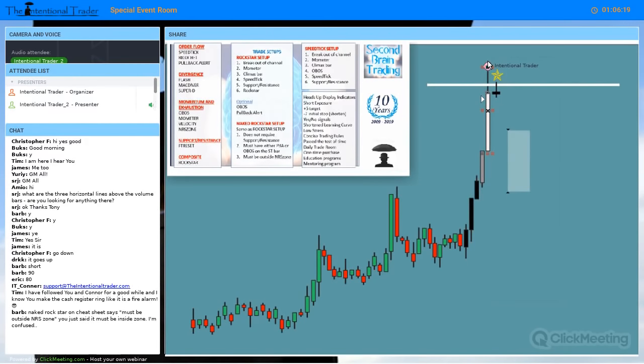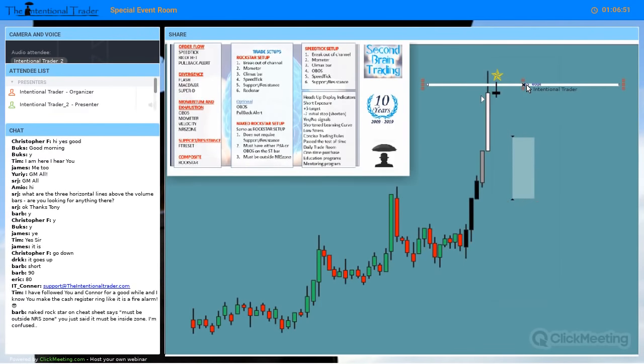The pullback alert for a straight Rockstar setup is optional. You could still trade this as a Rockstar trade, as long as you have the resistance behind it. Personally, I prefer to have OBOS and a pullback alert. You could trade it like this. Doesn't matter.